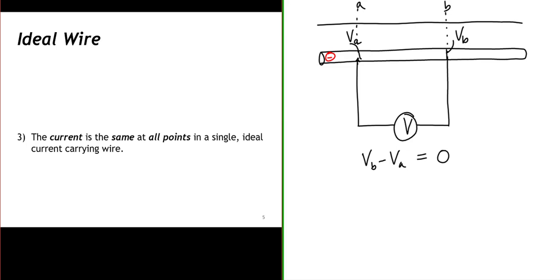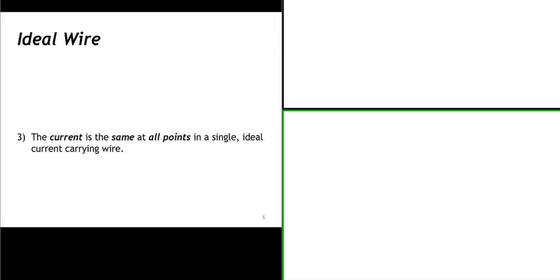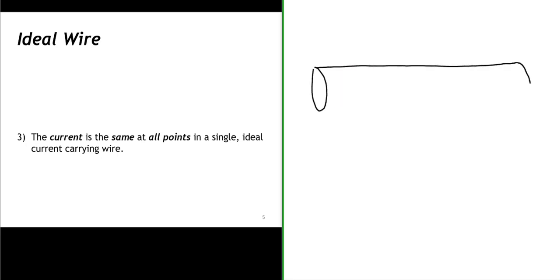Another property of an ideal wire is the current is the same at all points. So current is the movement of charge, and you can think of it as the rate at which charge moves across a cross-sectional area. So let's just do another picture. Let's say we have an ideal wire, and I'm exaggerating the size.